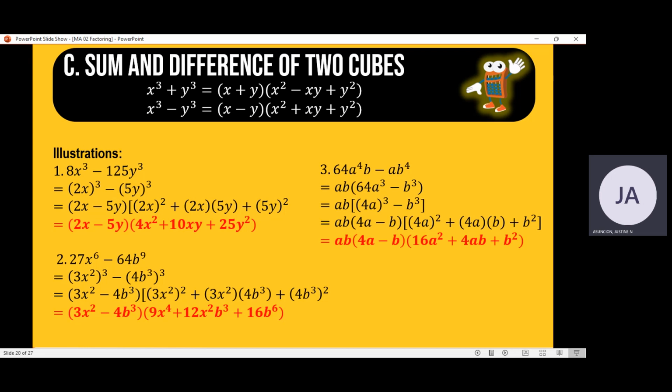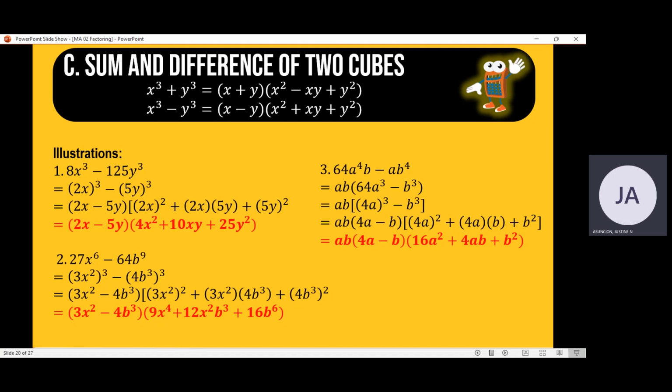Simplifying this, we'll obtain ab times the quantity 4a minus b times the quantity 16a squared plus 4ab plus b squared.